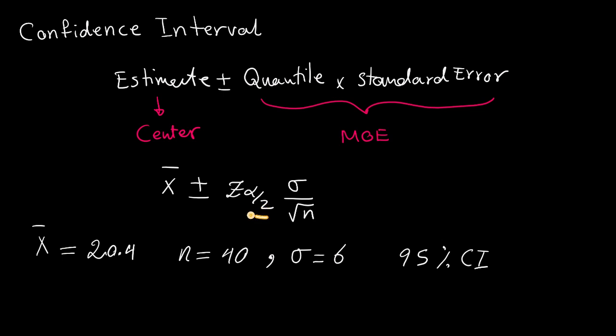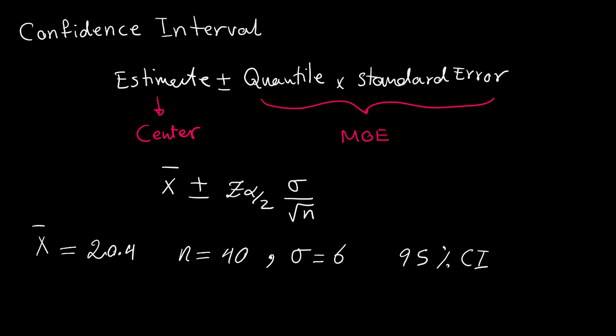To find z of alpha half, I can look at the table of the normal distribution, or I can use R syntax. By using qnorm of alpha half, I can find z of alpha half.